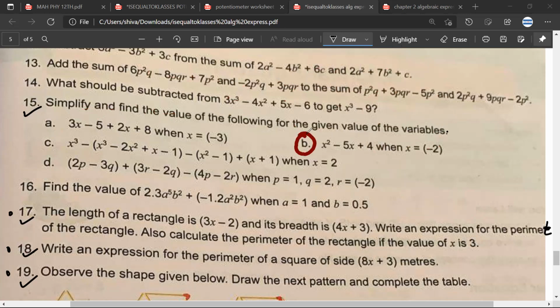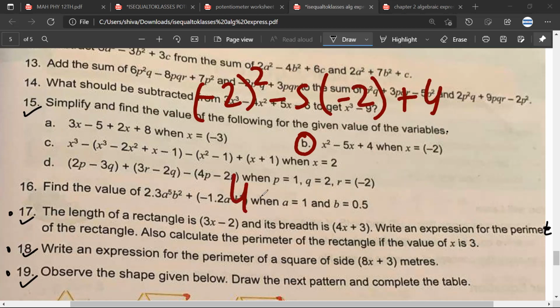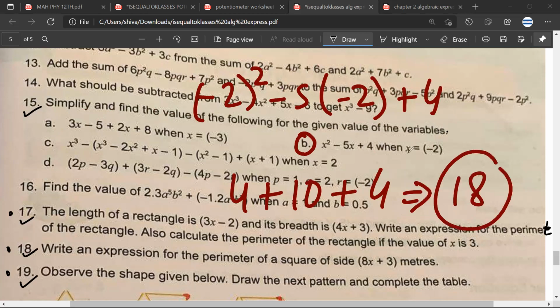Again, B part. Sarthak, how should I do it? So minus 2 raised to power 2 minus 5 into minus 2 plus 4. 4 minus 5 into minus 2 plus 4. 4 minus 10 plus 4. So 8 minus 8. So it will be minus 2. So I got a different answer.